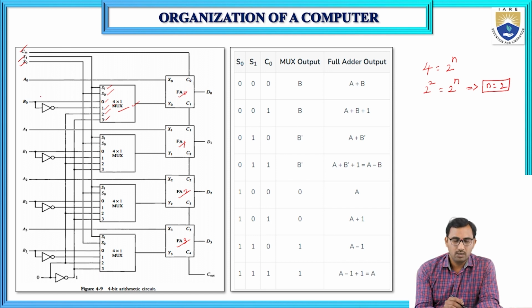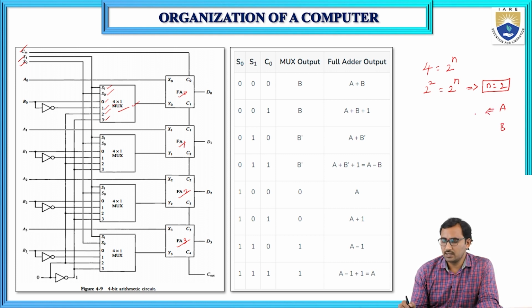We have two 4-bit numbers, A and B. The 4 bits of A are represented with A0, A1, A2, A3, and similarly the 4 bits of the B register are represented with B0, B1, B2, B3.